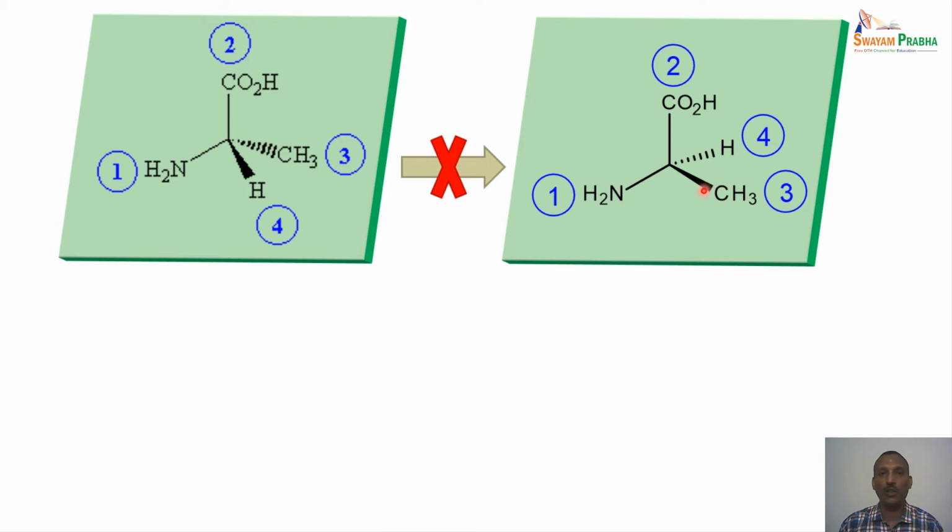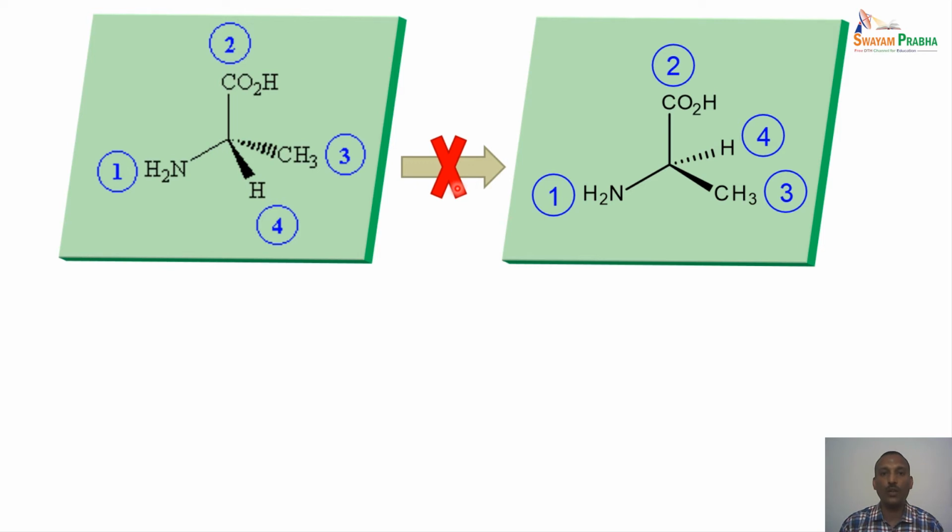Only rotation of the bonds is allowed. If we have to move this hydrogen from the front to the back, we literally have to break this bond, then break this bond, and then reattach them to get this one. Whenever we break a bond, that changes the configuration. So we cannot do that operation, which is why this operation is wrong.